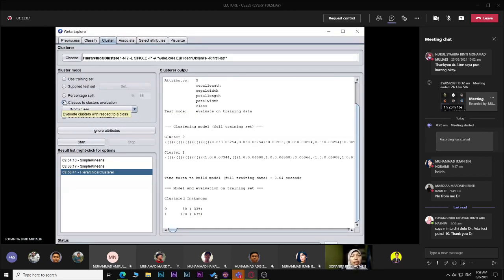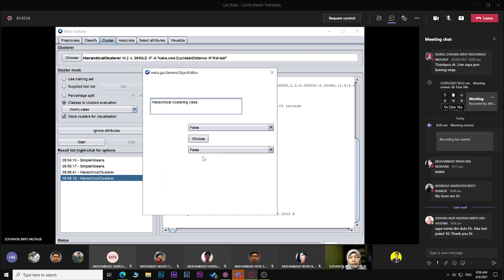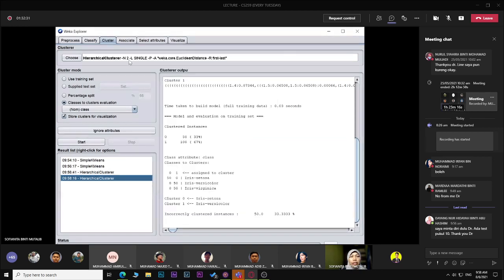Okay, so you have to tick this one. Yang ini nanti apa yang algorithm buat, dia akan automatically map kepada 3 clusters, and you could see here the confusion matrix produced. Oh sorry, yang ini kena buat 3 lah. So we have 3. You have to change it from 2 to 3.